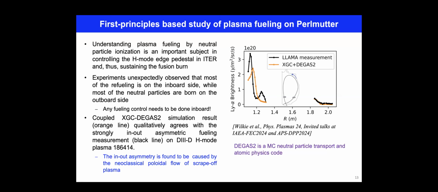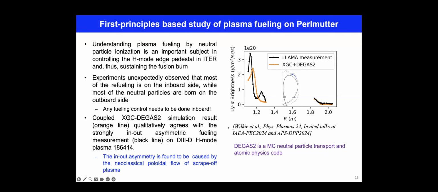So we need to know how the fueling is done. Recently, experimentalists found out from Lyman alpha radiation that plasma fueling is coming from inside, even though all the neutral particle recycling is mostly from outside. Fueling is outside, but the fueling actually is from inside.